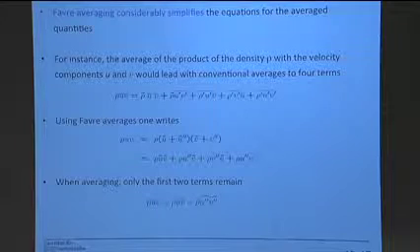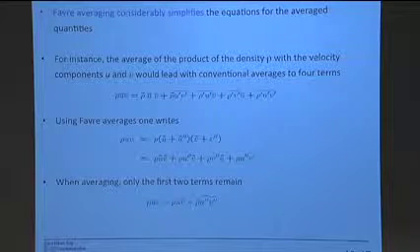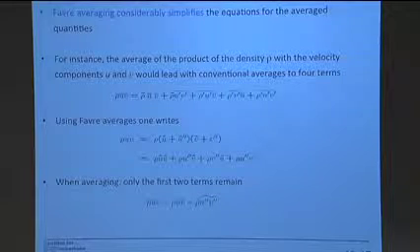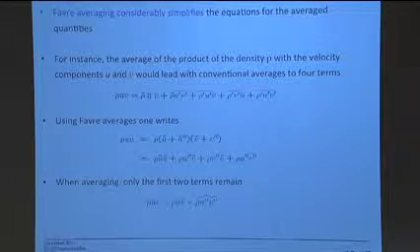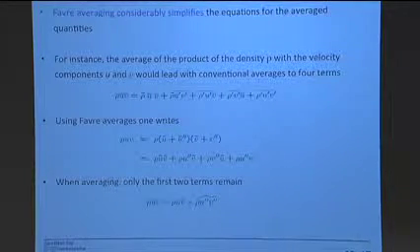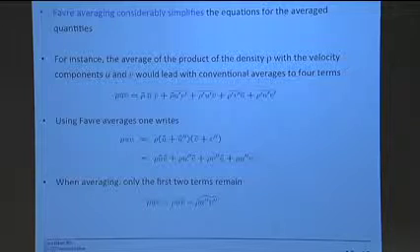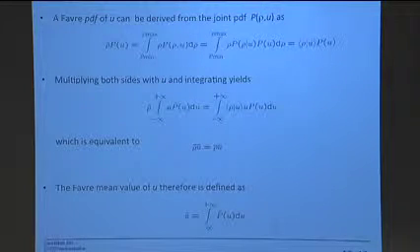But if I do the same thing for the Favre averaging, you end up with just 2 terms. There are 5 terms there, and with Favre averaging only 2 terms. That's why we use Favre averaging anytime the density is also a random fluctuating quantity, which it is in a turbulent reactive flow.